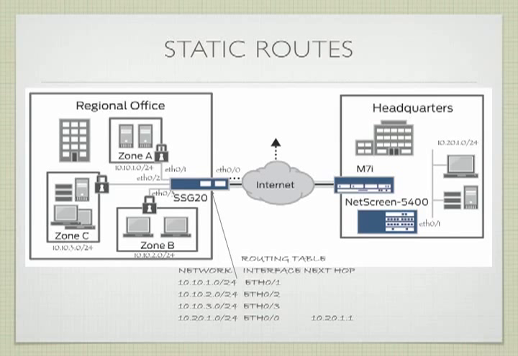So this route, 10.21.0/24 out interface Ethernet 0/0, and with a destination of 10.21.1 across that tunnel, becomes a static route that we had to create in order to be able to reach the remote network from the headquarters network from the regional office network.